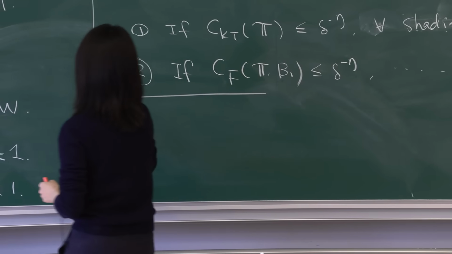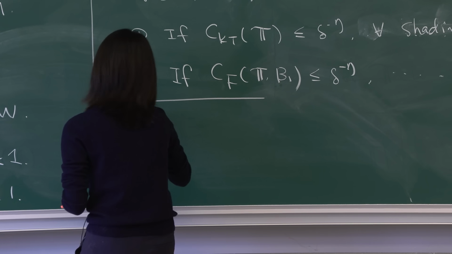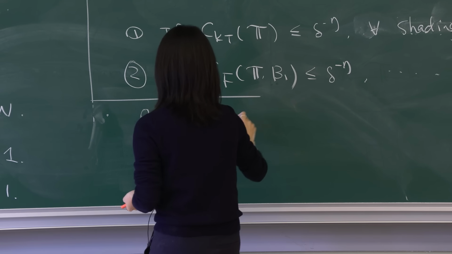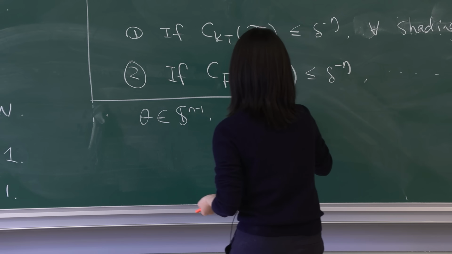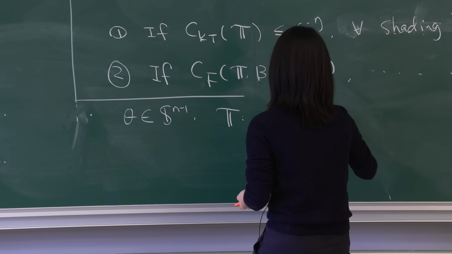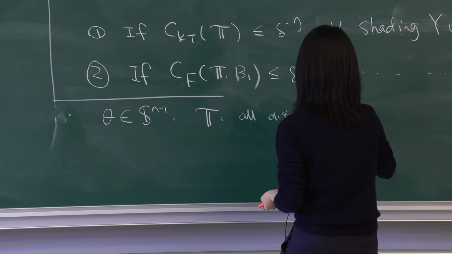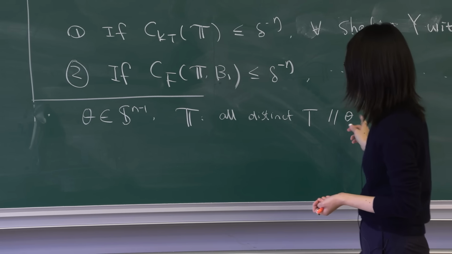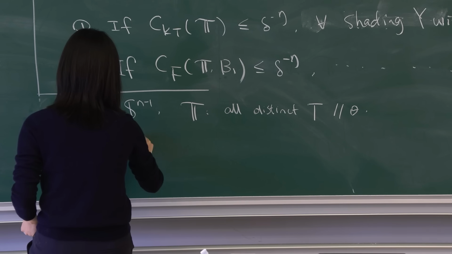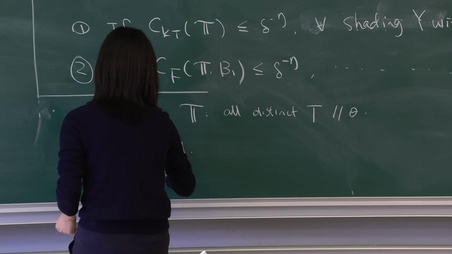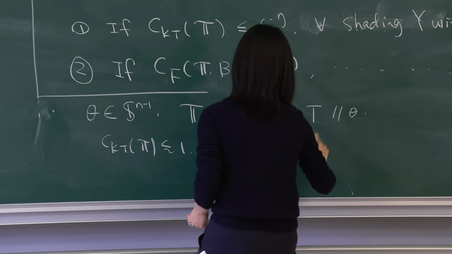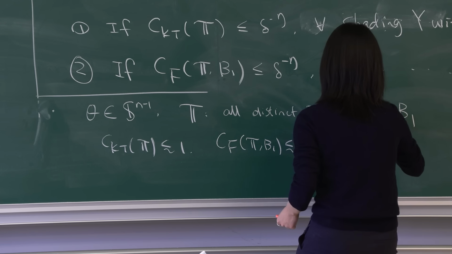Given theta to be one direction, and T all distinct parallel tubes pointing in the direction of theta, then T also satisfies the Katz-Tao and Frostman conditions in B1.